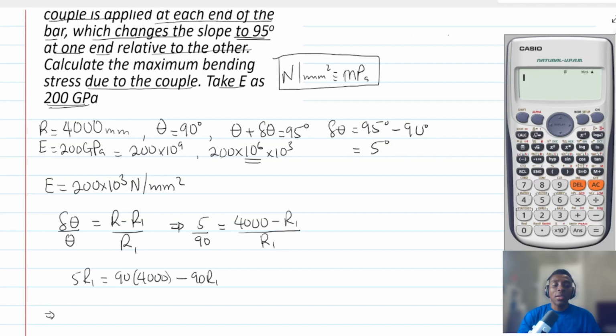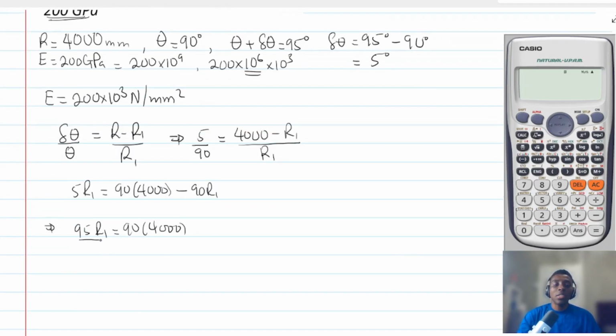So essentially R1 is going to be, let me take my time, 95 R1 equals 90 multiplied by 4,000, and then I will just divide both sides by 95.